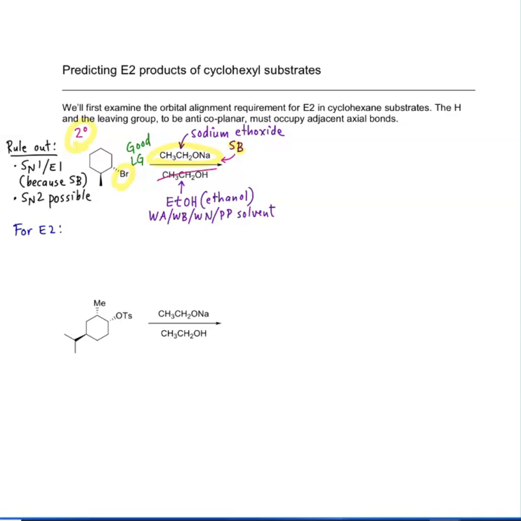So for an E2 with a cyclohexane substrate, you're going to draw the chair in the conformation that has the leaving group in an axial position, even if it's not the most stable chair.